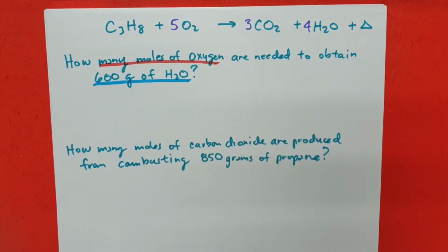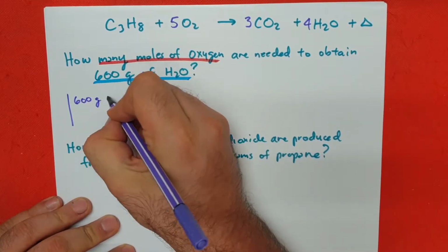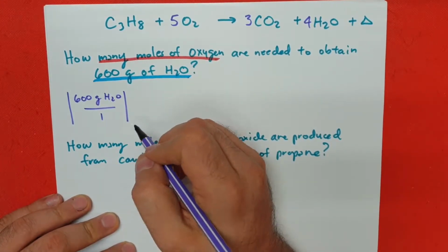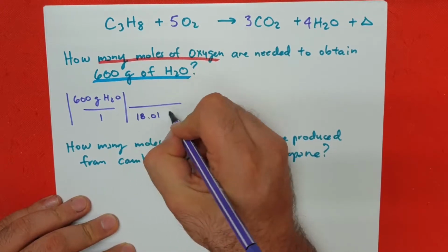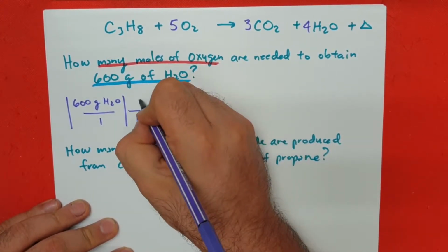So my first setup is, of course, I'm going to write 600 grams of water, which is my given, over 1. My next factor is the molar mass of water, which we calculate using our periodic table, and we know it's 18.01 grams of water in 1 mole of water.